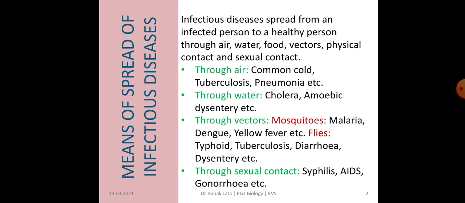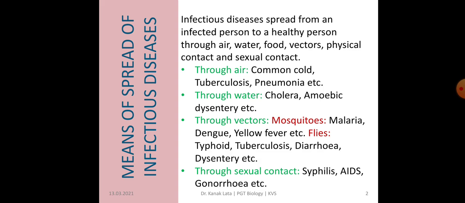Here, vectors means those organisms which carry a particular special type of microbes along with them. For example, the female Anopheles mosquito carries along with it plasmodium, and that plasmodium is responsible for malaria.